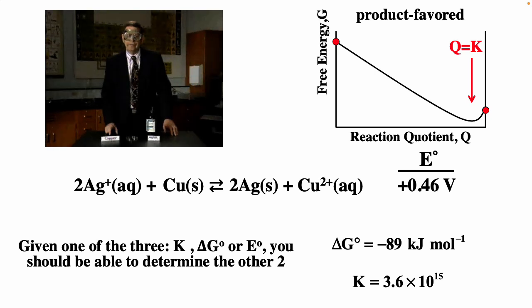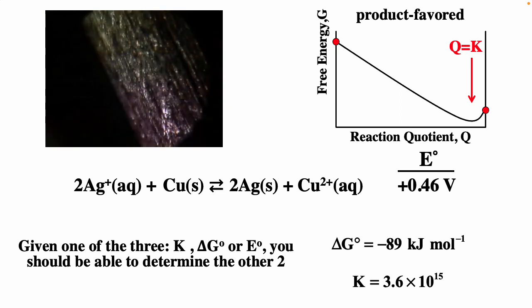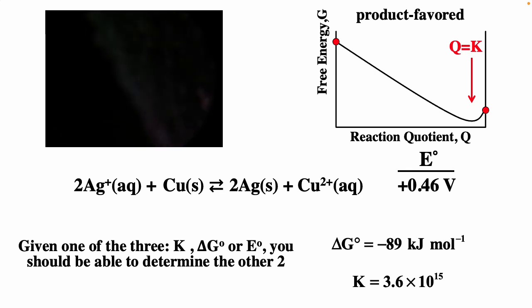To demonstrate the copper-silver oxidation-reduction reaction, we're going to place a piece of copper wire in a petri dish and add silver nitrate solution to it. Here we can see the silver crystals beginning to grow, causing the copper wire to look gray and fuzzy.